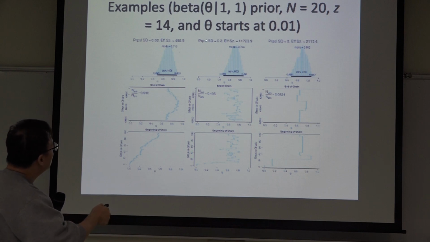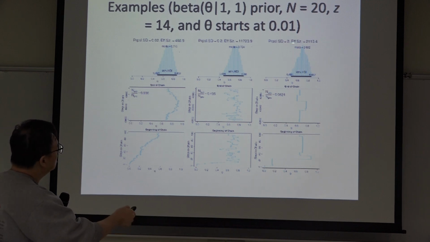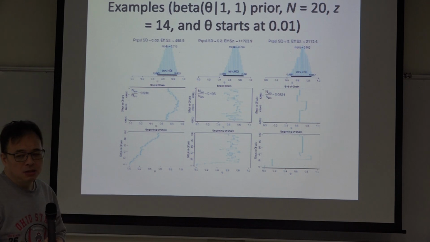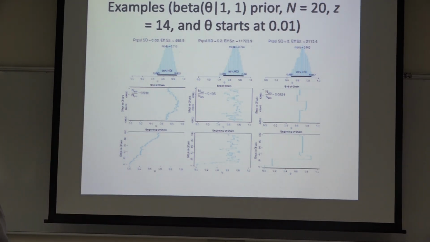Of course, this one is the most effective, which will give us an effective sample size of like 11,000. This one will give us very bad, I mean, it's less than 500. This one will give us an effective sample size of a little bit over 2,000. So you can see that the middle one is the most effective one, obviously.